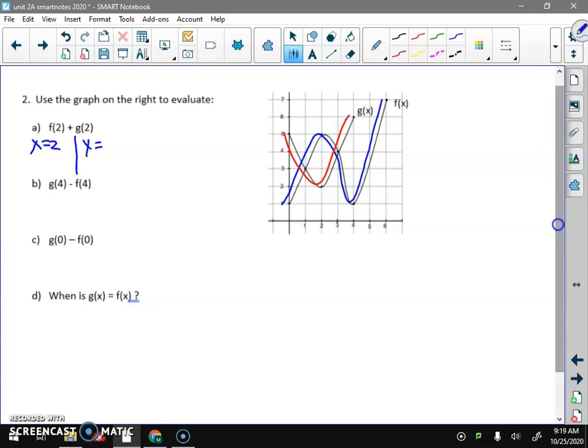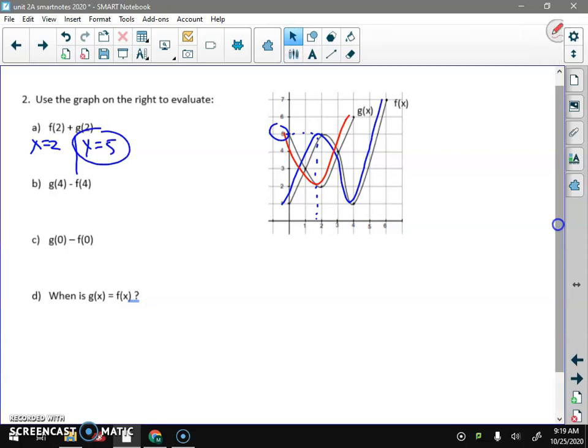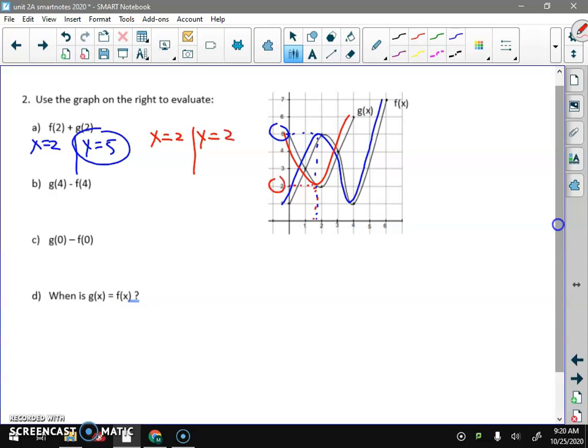Now I'm going to go to my graph. F of 2, blue, up and over is 5. Circle. G of 2: x equals 2, great wall. What does Y equal? Red 2 is 2. And now we're going to add that 5 plus the 2, and we get 7. Excellent.